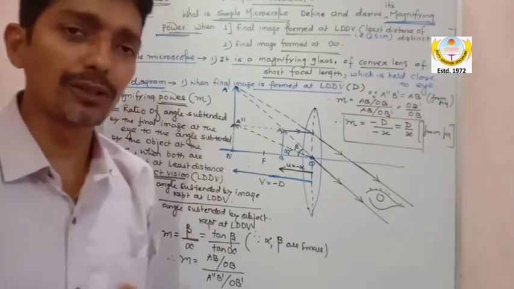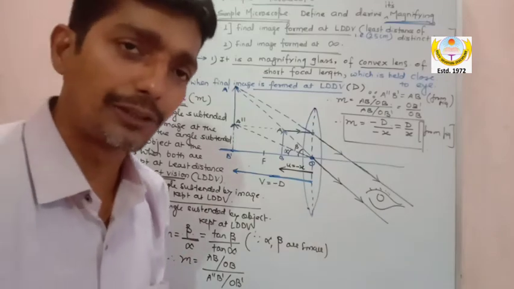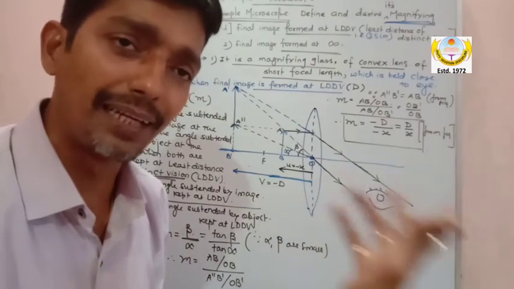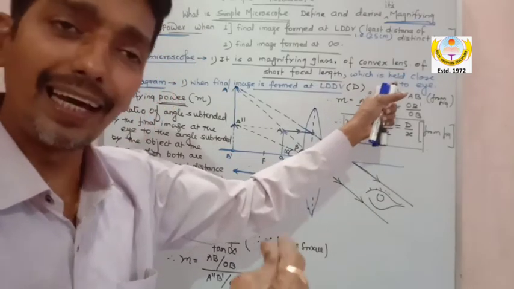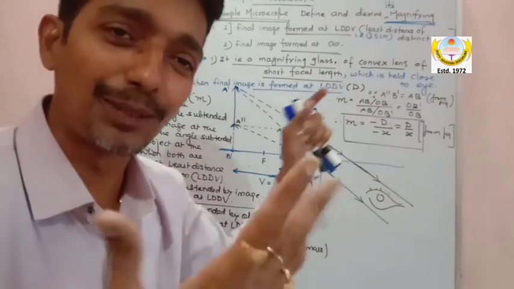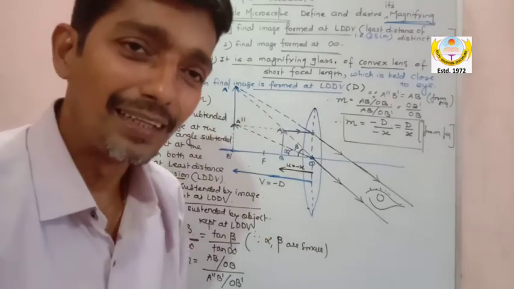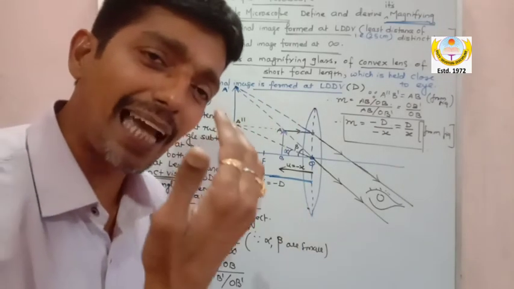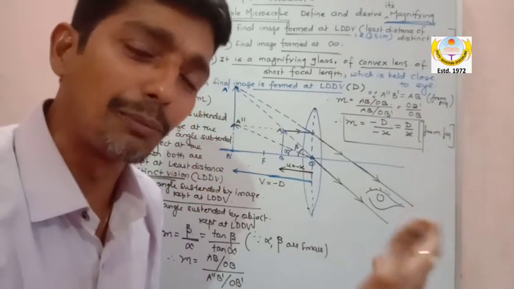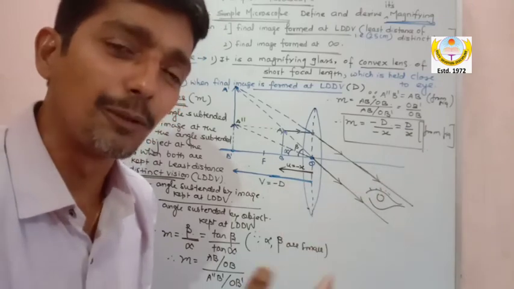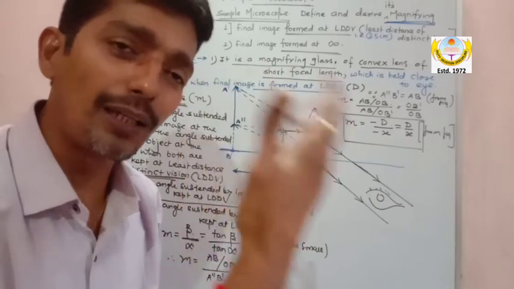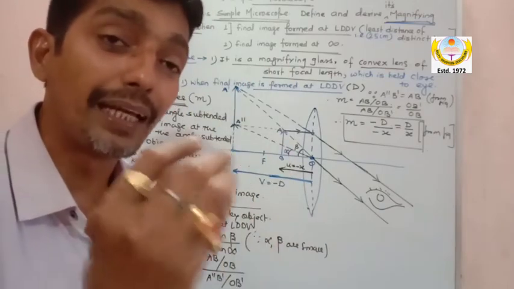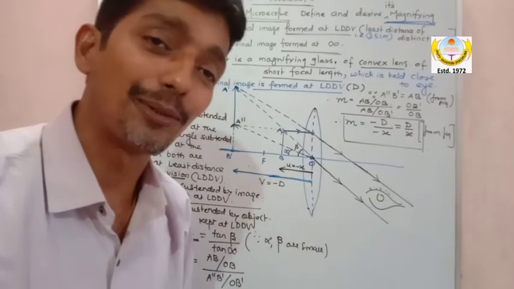In the compound microscope and telescope, as soon as we go to the topic, there will be two lenses, objective and eyepiece. The eyepiece is kept close to the eye. And here also the simple microscope is kept close to the eye, as per the concept given, my dear. So as soon as the eyepiece is kept close to the eye in other instruments, such as the compound microscope and telescope, that eyepiece of all those instruments acts as a simple microscope.